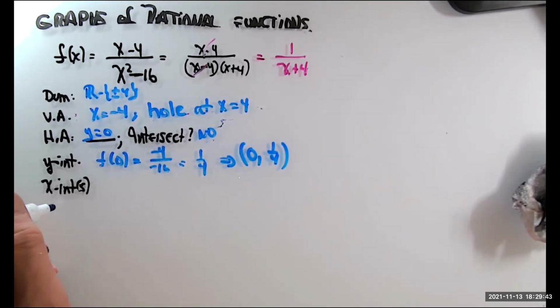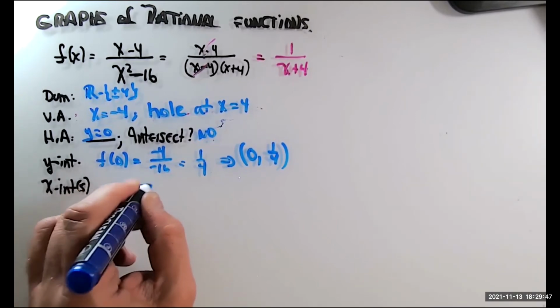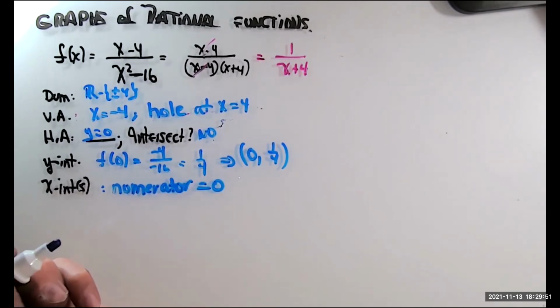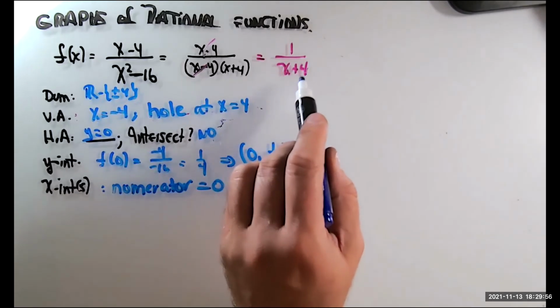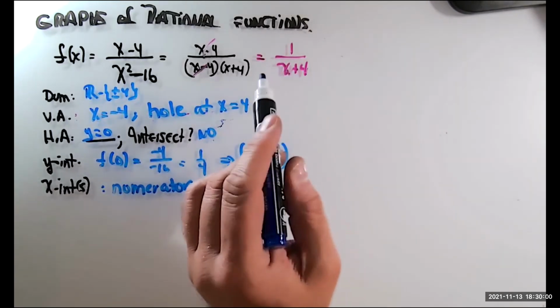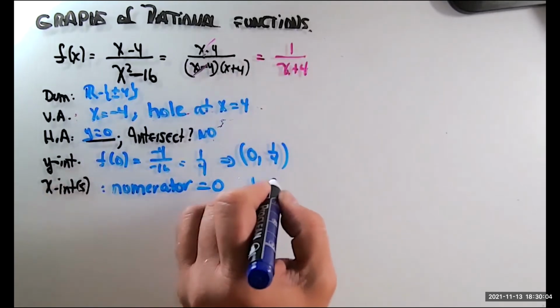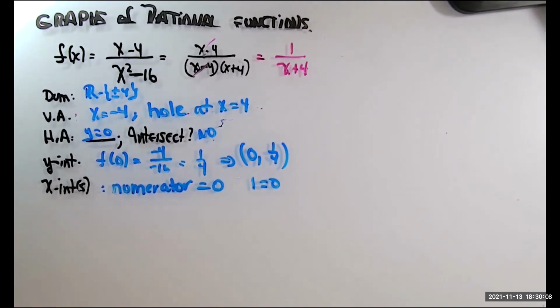And the x-intercept, of course, we make the numerator equal 0. Once again, I highly recommend to use the simplified version. So here my numerator, of course, is 1. And can 1 be 0? Of course not. So no x-intercept.